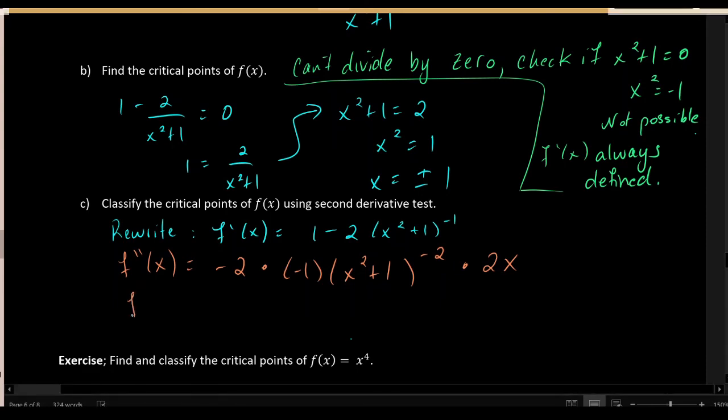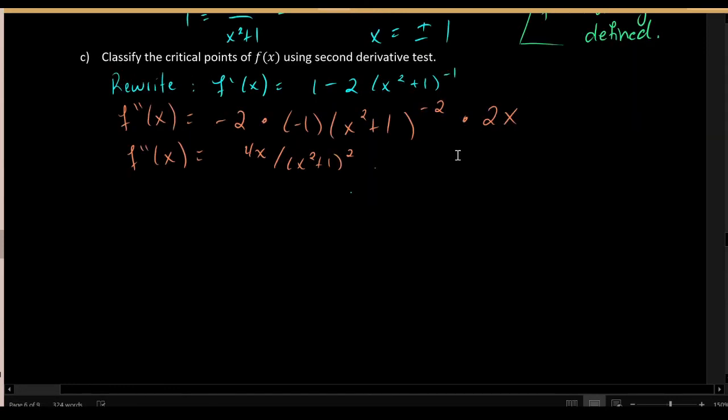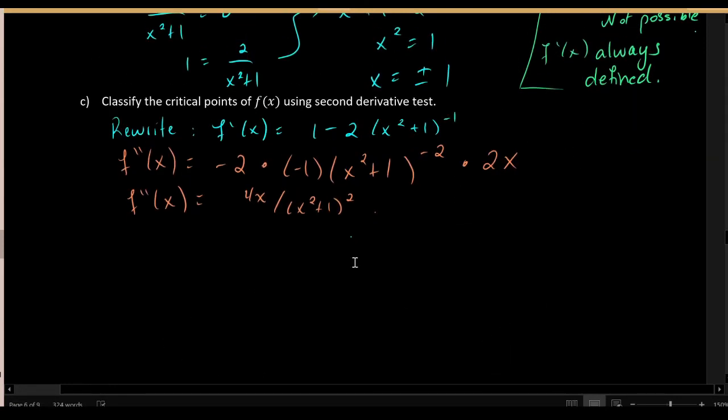So f double prime of x could be rewritten as positive 4x divided by x squared plus 1 squared. So now let's investigate what's happening to this function at the critical points.